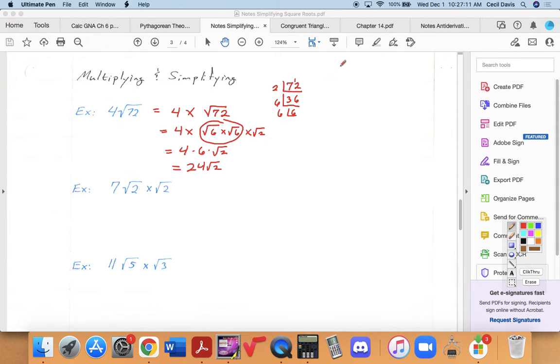So for example, let me just show you one. Just watch this one for a second. If you were simplifying the square root of 128, what prime number divides evenly into 128? 2. And that would be 64. 64, though, is a perfect square, right? What's the square root of 64? 8. So we would have the square root of 8 times the square root of 8 times the square root of 2, which is 8 square roots of 2.